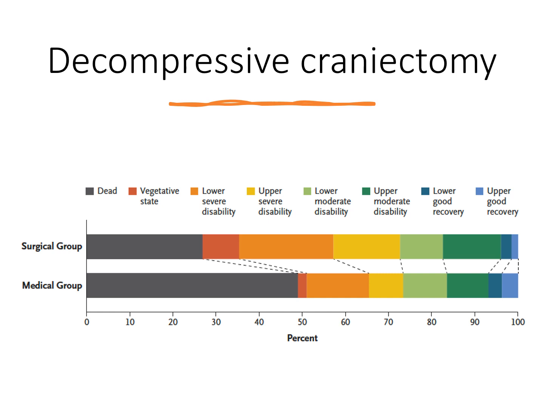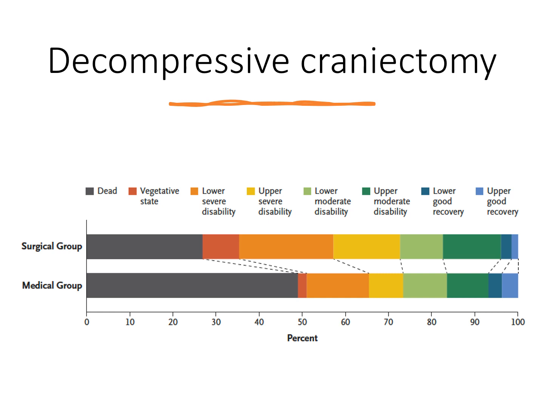And in the surgical group, we can see on this, from the RESCUEicp study, that there are fewer dead people at the end of the trial, so more survivors. But actually, in terms of the number of people with either upper moderate or good recovery, so people who are able to be left at home unattended, may be able to get back to work and care for themselves, the numbers are the same.